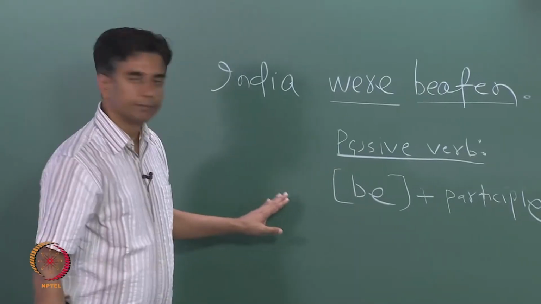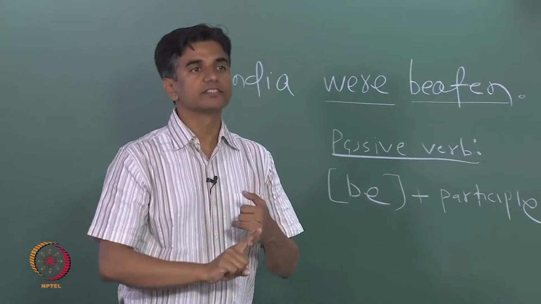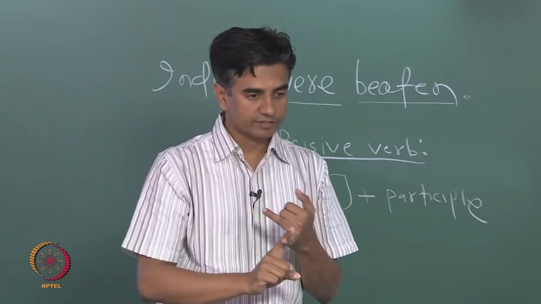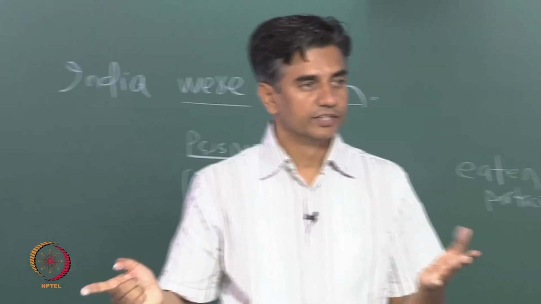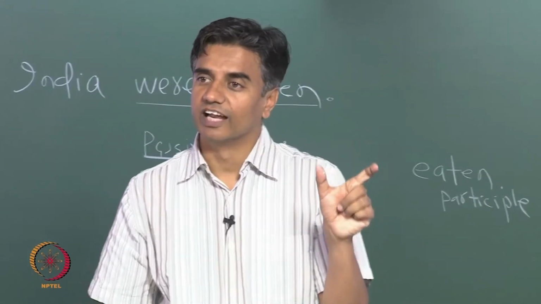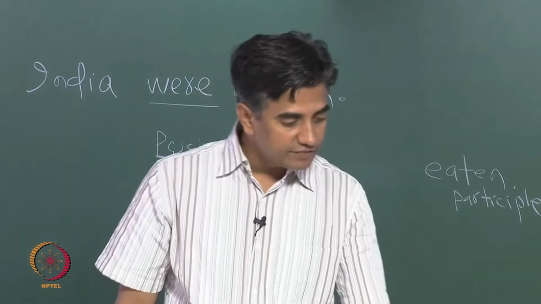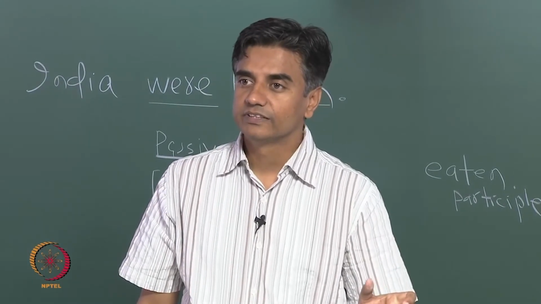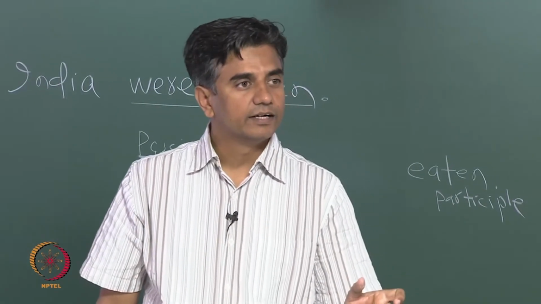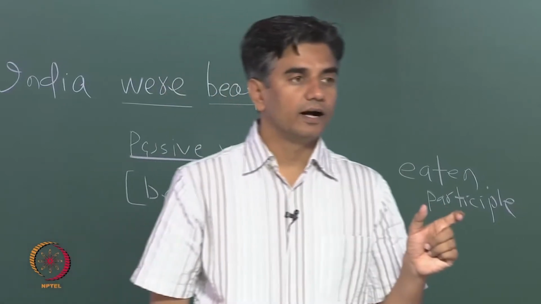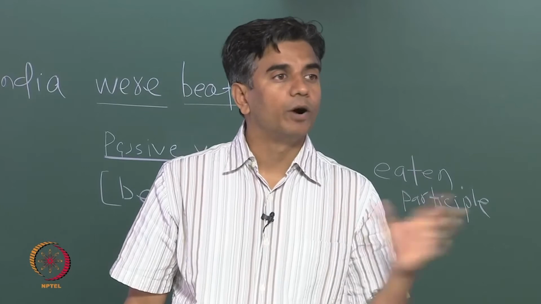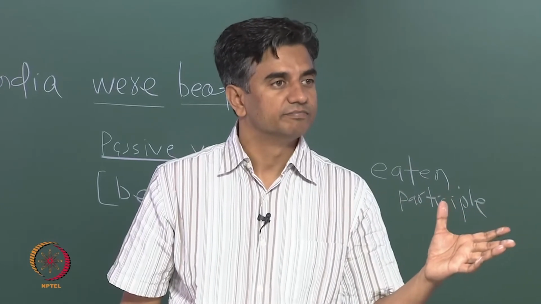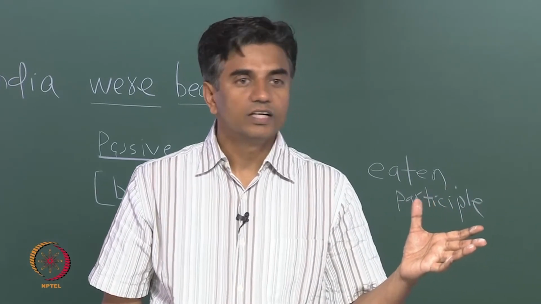The sentence that Hari Prasad gave you, what was the passive, Hari Prasad? The car was driven by Hari Prasad. So the important thing: car was driven, India were beaten, thieves were caught, right?